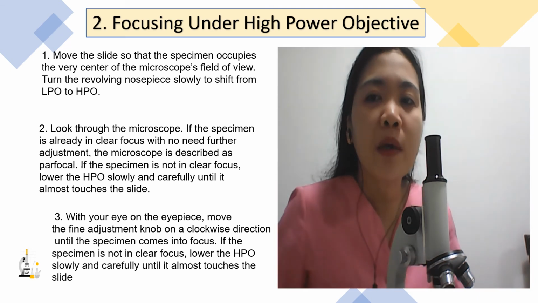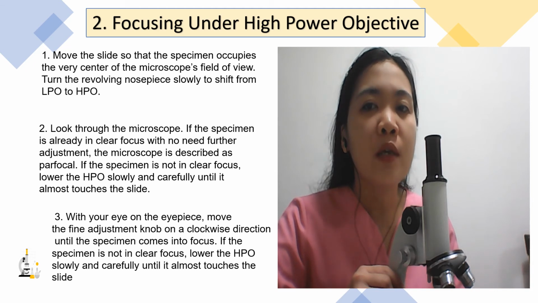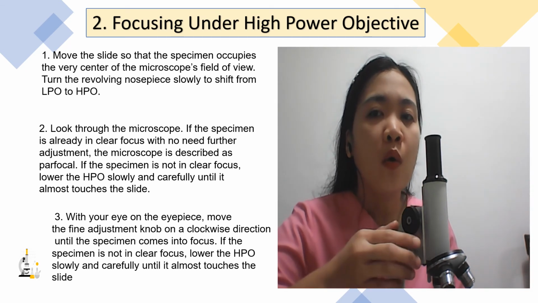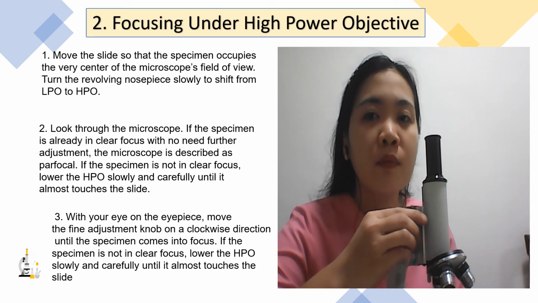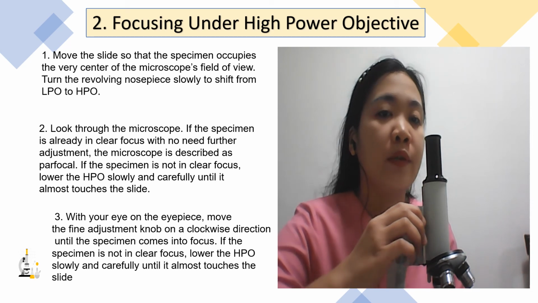If the specimen is already in clear focus with no need for further adjustment, the microscope is described as parfocal. If the specimen is not in clear focus, lower the HPO slowly and carefully until it almost touches the slide.